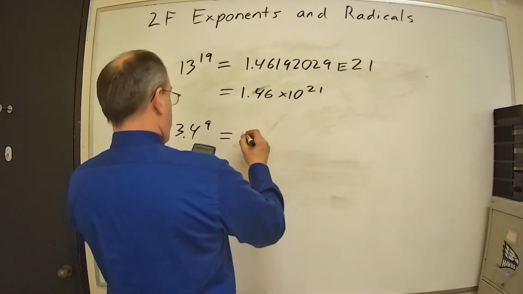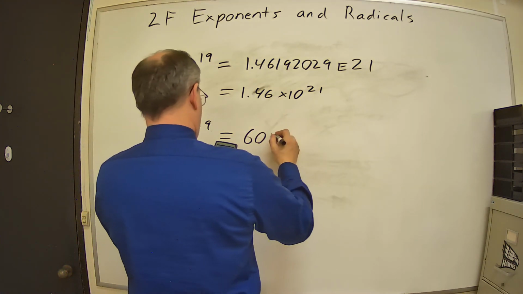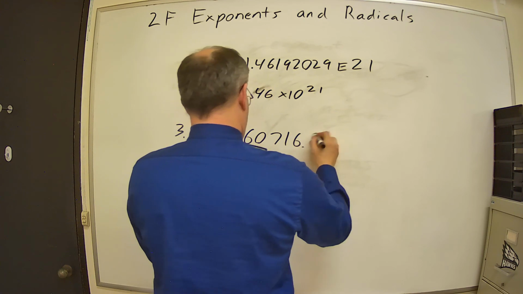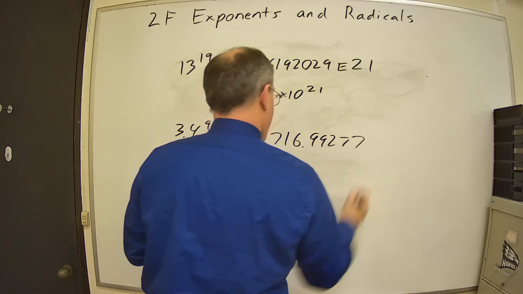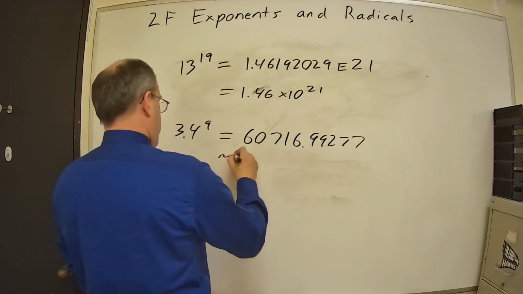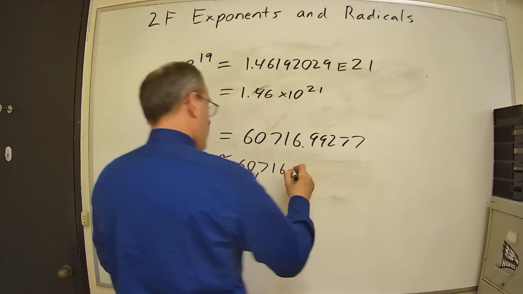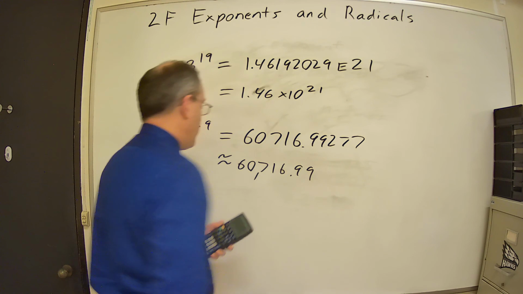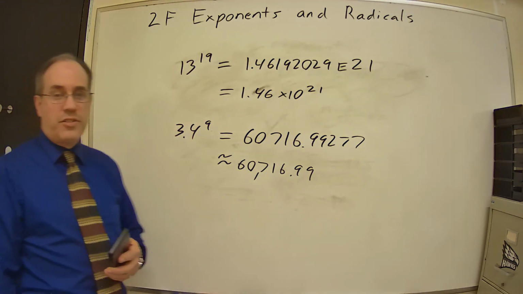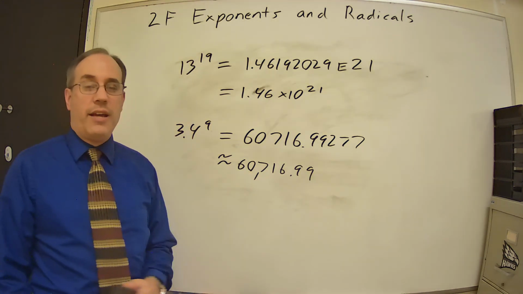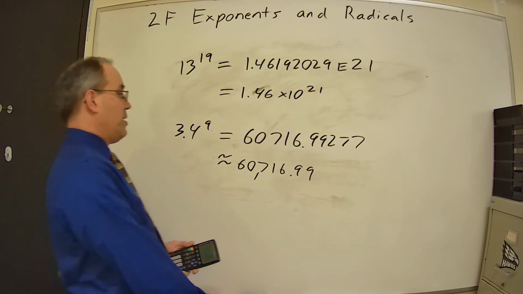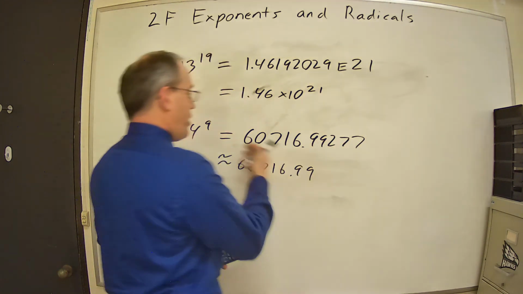and I get approximately 60716.99277, or I can say that's approximately 60716.99. So 60,716 and 99 hundredths, approximately. Realize with this, you're just kind of running out of spaces.